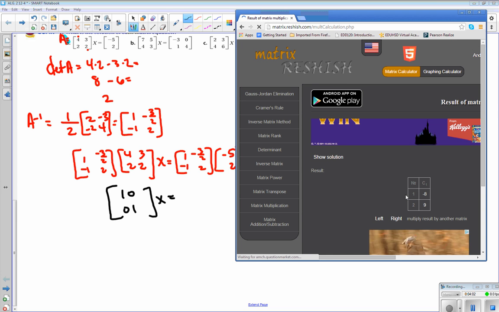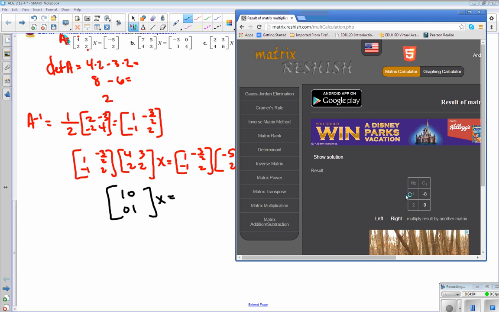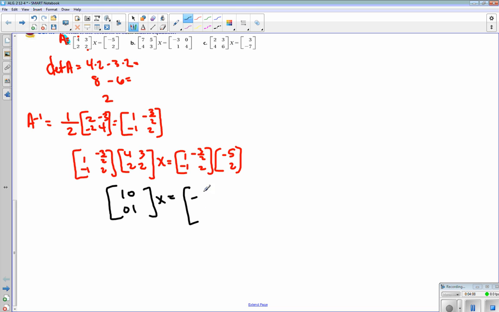Calculate that out, and I get negative 8 and 9. So my X matrix is negative 8, 9.